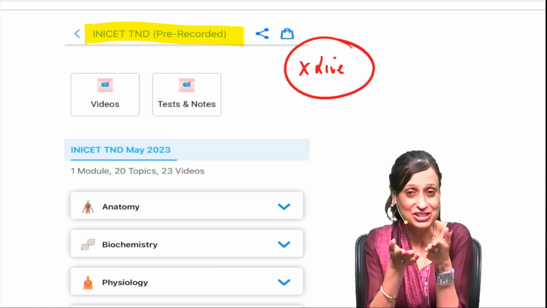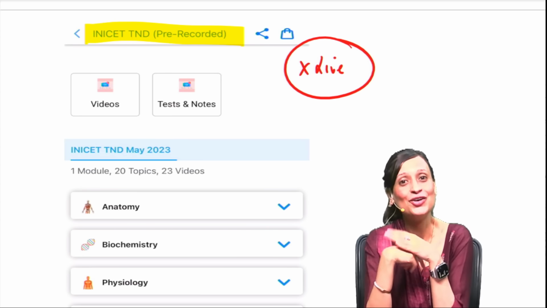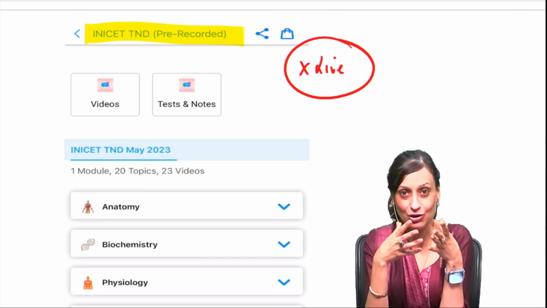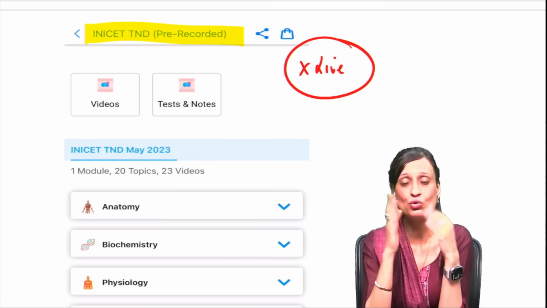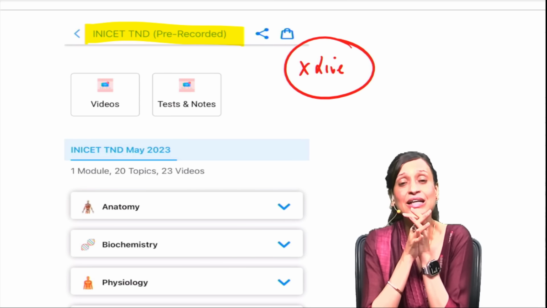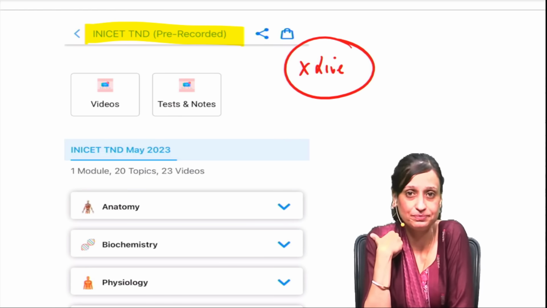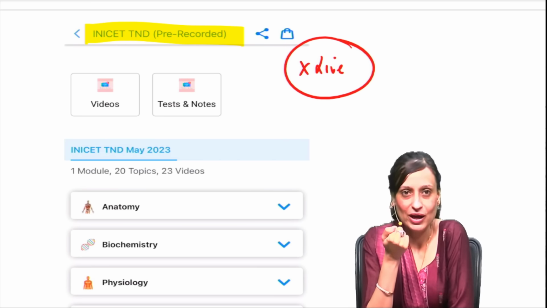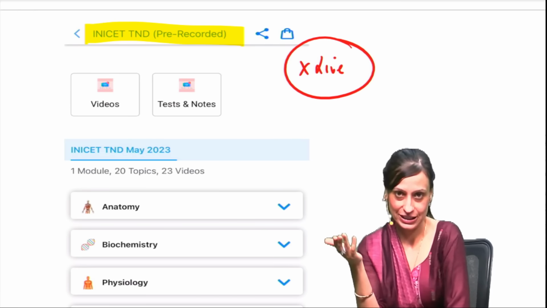But most of you are medicos. Hard work is in your blood. You are working hard, you're going all out. So the strategy sometimes takes the edge. Someone who's preparing with a good strategy may do a little better than someone who is not. So that is why what we recommend at this time is a live NEET TND.